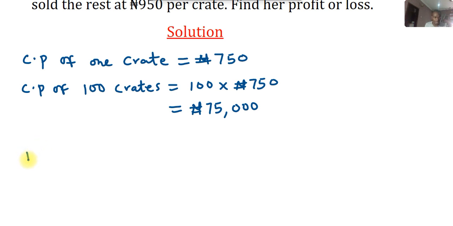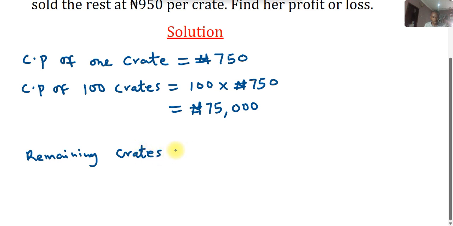So the remaining crates will be 100 minus 10, and that will be 90.